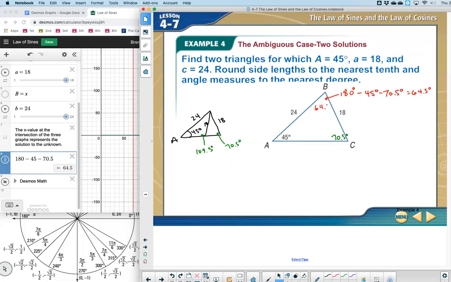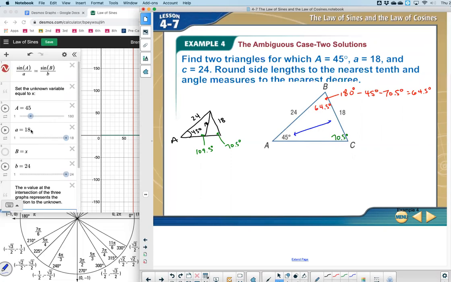So that's 64.5 degrees. Now, to get my last side, I'm just going to use law of sines again. Remember, we had this as our completed set the whole time. So now I'm just going to solve using 64.5.